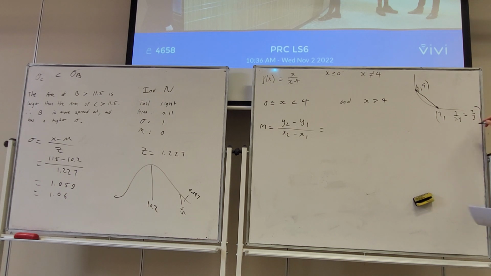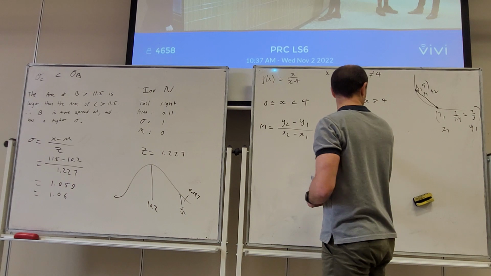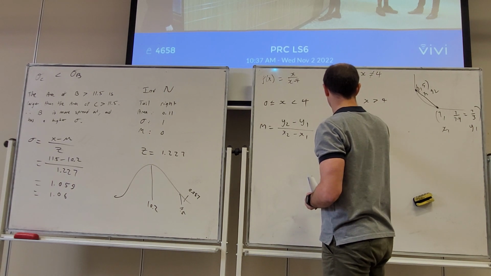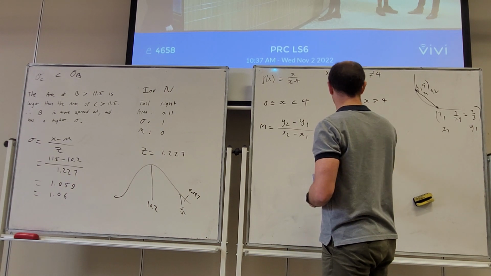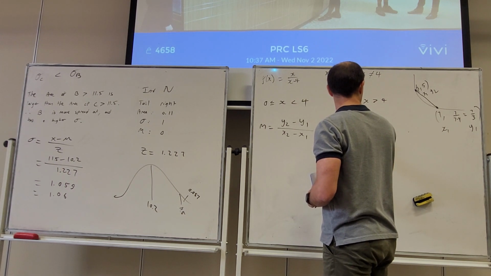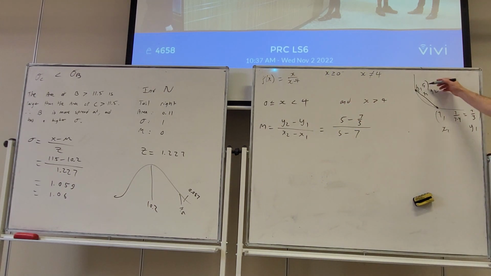Now remember, it doesn't matter really which one's y2, which one's y1, as long as the subscript belongs to the same coordinate. So y2 is 5, take y1, on x2, take x1.